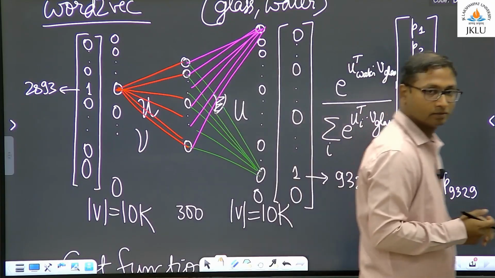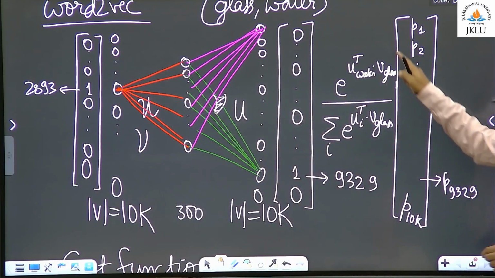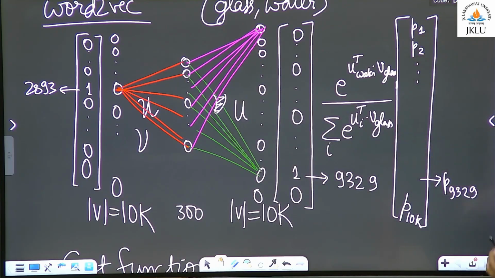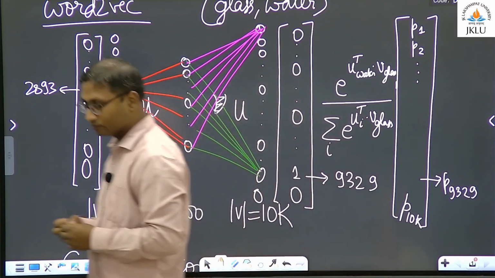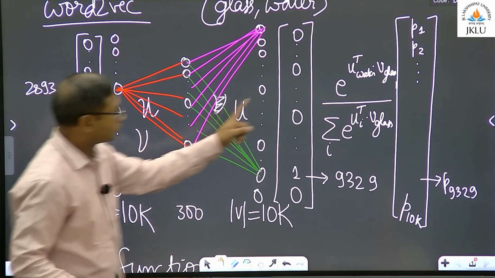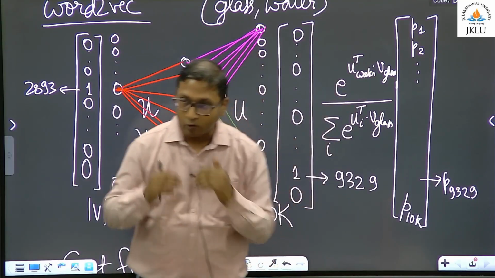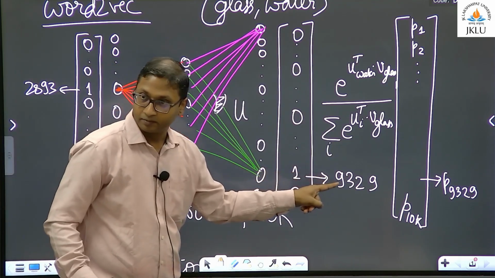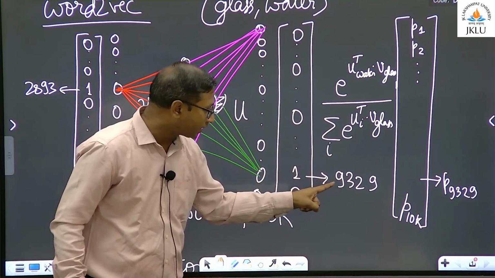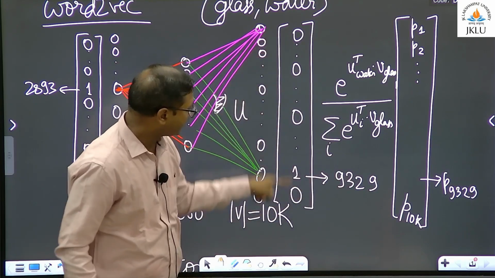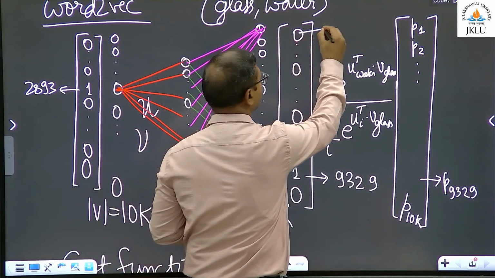What is this part? What does this equation represent? The whole softmax or what? What is this term in terms of the outputs of the neural network? Output here, right? It is just the output at 9329 place. What about other places? So for example, what will be the output here?